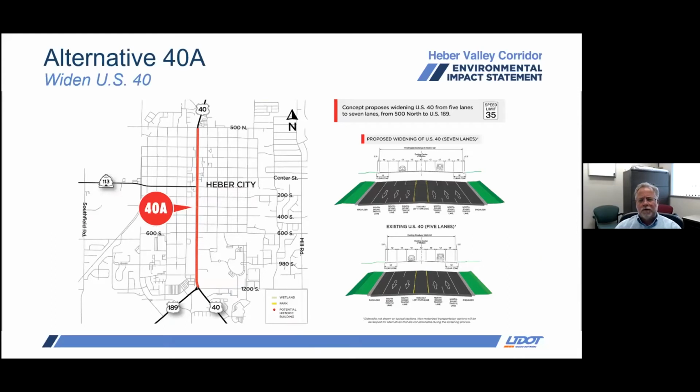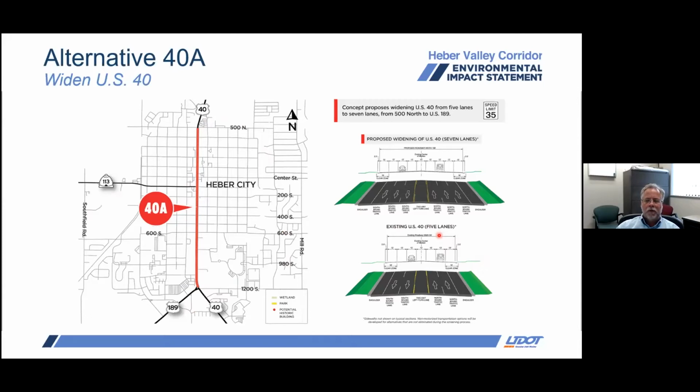So the first alternative that we'll be looking at for US 40 is a widening of US 40. This concept would improve the mobility on US 40 by adding lanes to Main Street through the downtown Heber area from the 500 North down to the 1200 South area. Right now, US 40 has 2 lanes in each direction with a center turn lane for a total of 5 lanes, which we've depicted in this typical section here on the lower right.